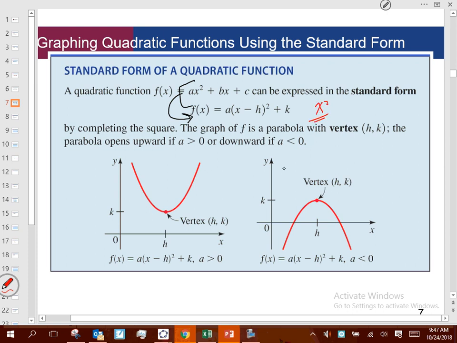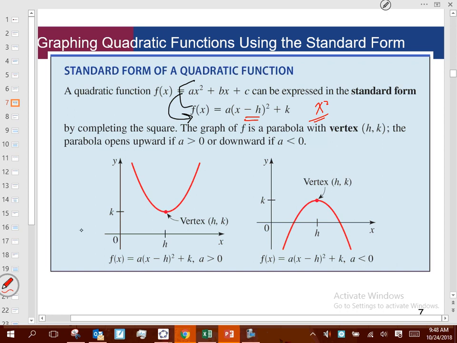Would everybody agree with that? When I subtract something from x, in this case subtracting h, before I square it, before I do any operations to it, I'm changing that x through subtraction. How is that going to transform, or move, my parabola x²?